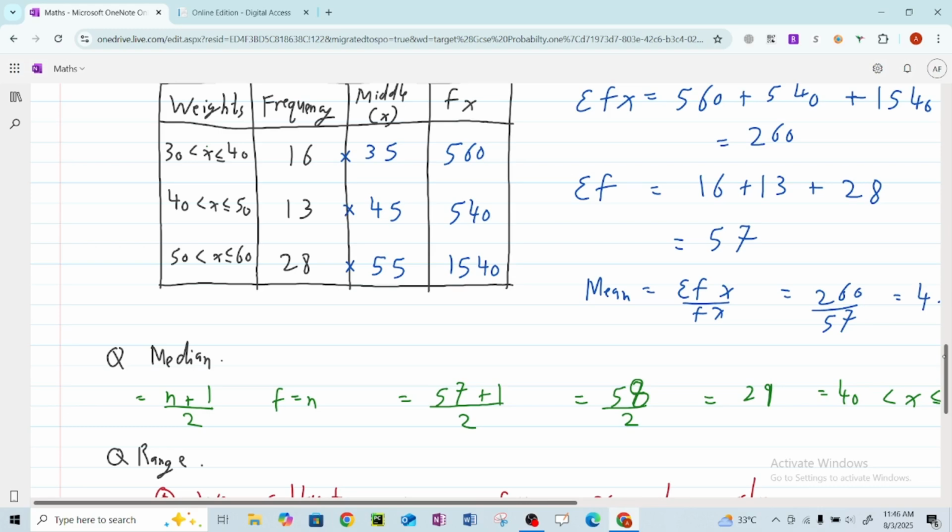When you find the median and those two values come out, 28 in one class and 29 in another, that's never going to happen in a range table. Always, if they are two values, they're going to be in the same class, never in different classes.